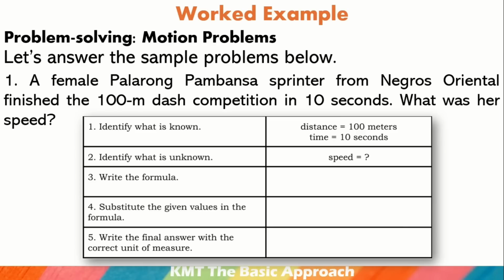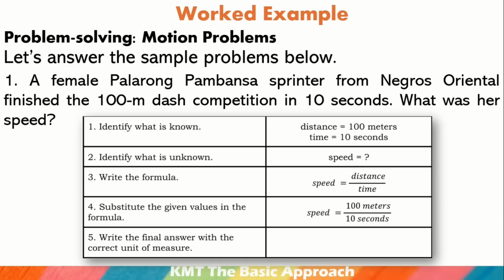The formula for speed is speed equals distance divided by time. How about number 4? Substitute the given values in the formula. Correct!